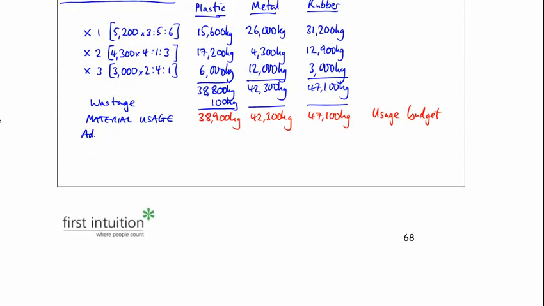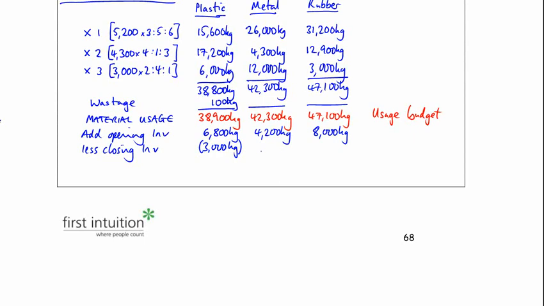So if we add opening inventory, which for plastic was 6,800 kilograms, for metal 4,200, and for rubber 8,000, and then we deduct closing inventory, 3,000 kilograms for plastic, 1,500 kilograms for metal, and 3,000 kilograms for rubber.